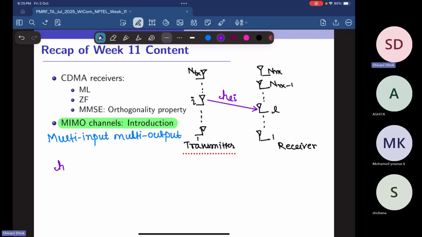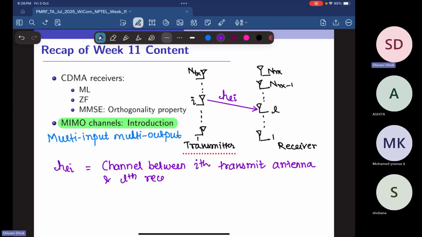So this HLI gives you the channel between the ith transmit antenna and your lth receive antenna.